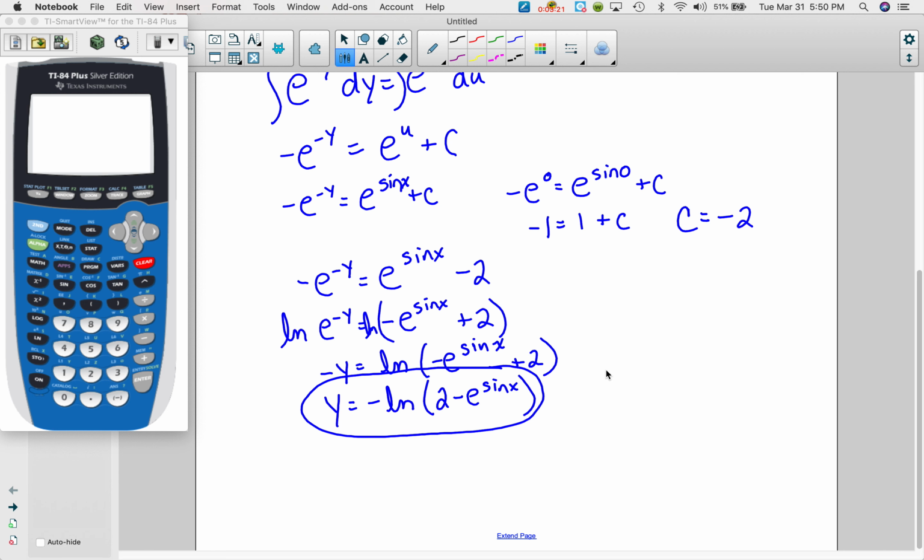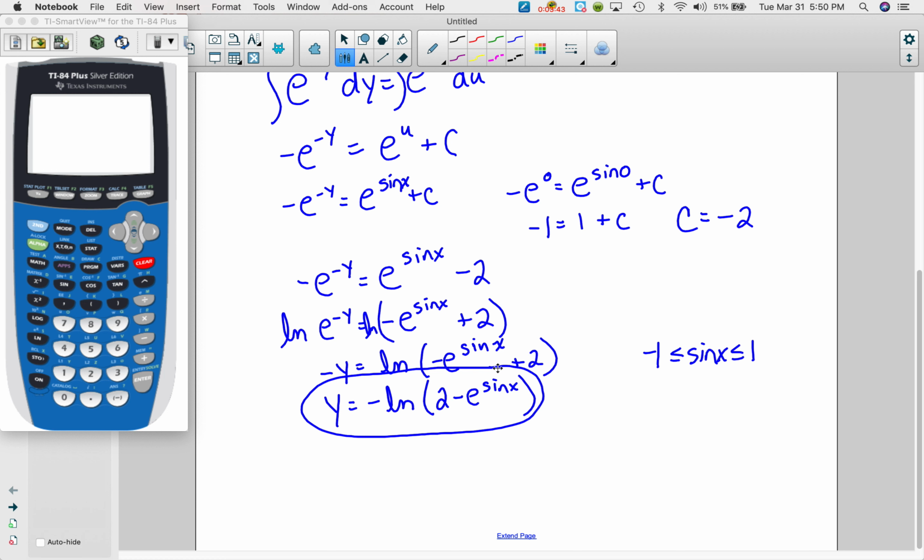Now looking at the answer book, they say that there are no restrictions on the domain. However, I do have an issue with that statement. Remember that sine x is bound between negative 1 and 1.